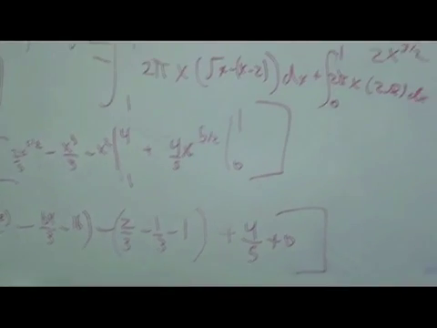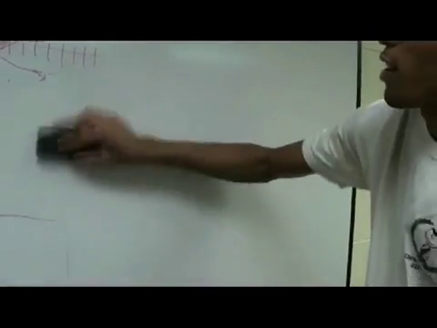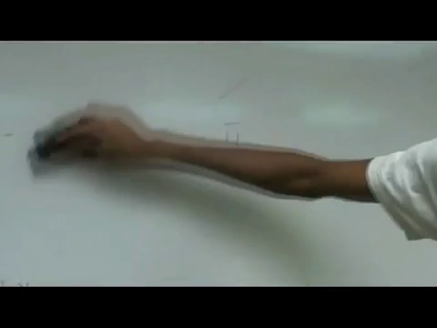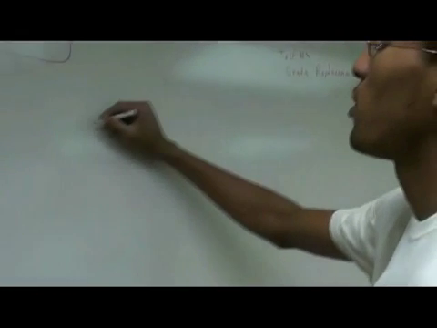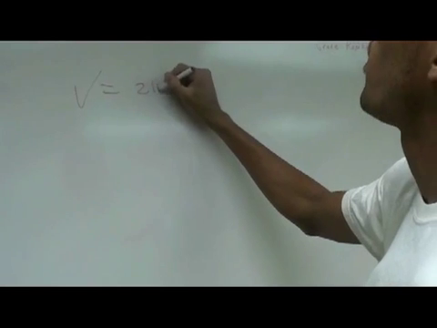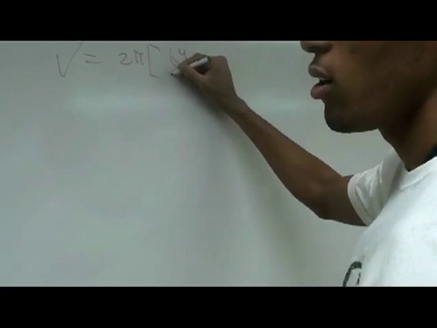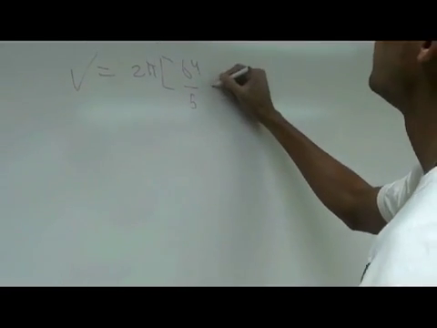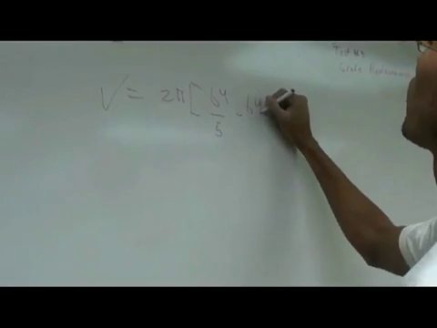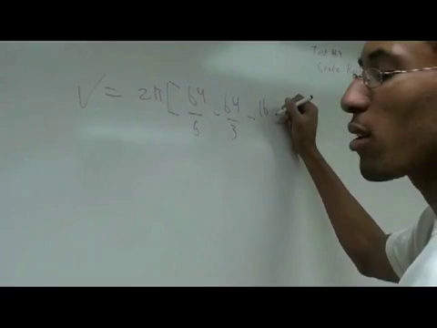So I'm going to erase some of my earlier work for board space. I'll erase my graph. If you need to see it again, just go back to an earlier part in the video. Alright, so starting up here, our volume is going to equal 2 pi times 64 over 5 minus 64 over 3. Thank you, Professor, for giving me such excellent numbers to work with.